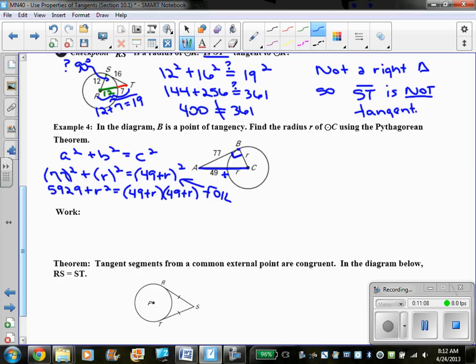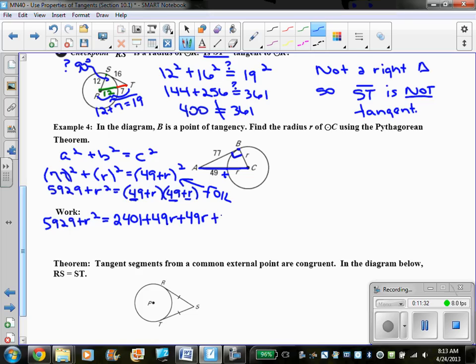Now I'm going to rewrite this. 5,929 plus r squared equals 49. My first, 49 times 49, is 2,401. My outers is 49 times r, which is 49r. My inners is 49r.